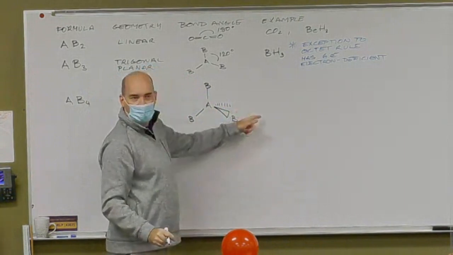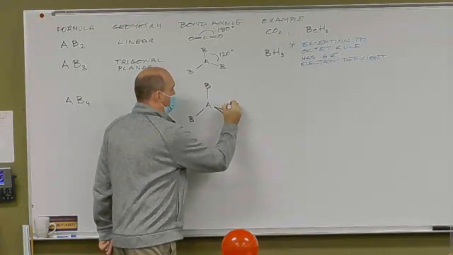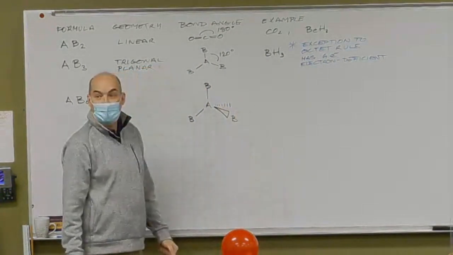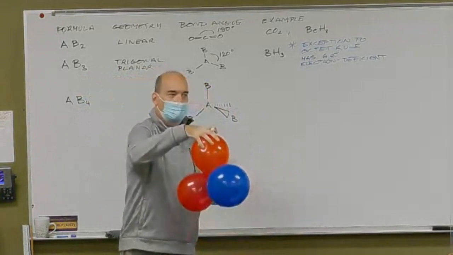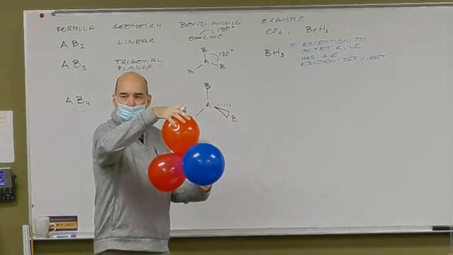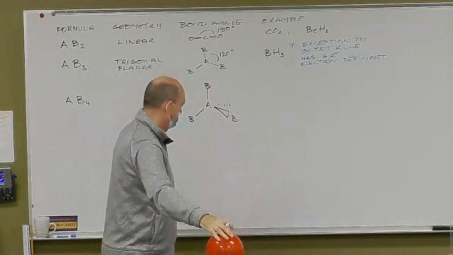And then a hatched line. And if you can draw really well, you might even be able to make it a hatched wedge. That is the bond pointing away from you. That's this white bond right here.